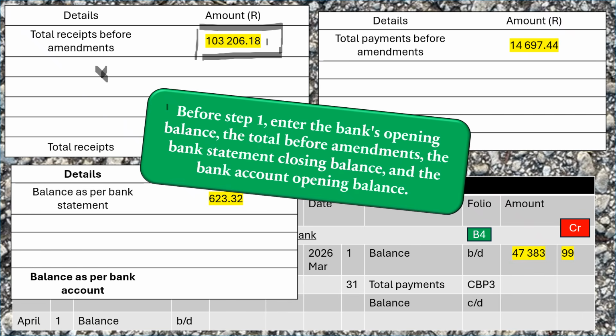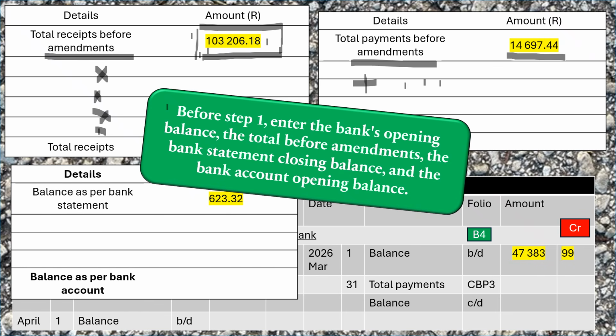So before all the information is recorded, we start with the total receipts before amendments, and that would be given to you in the question in the previous slides. You can go back in the video. You would have seen the total receipts before amendments was 103,206.18.